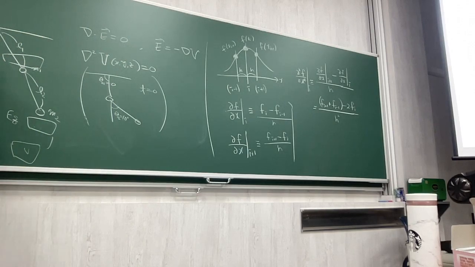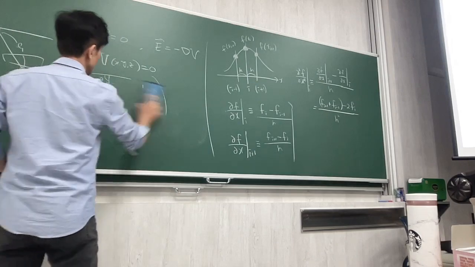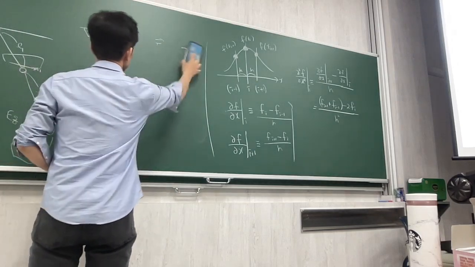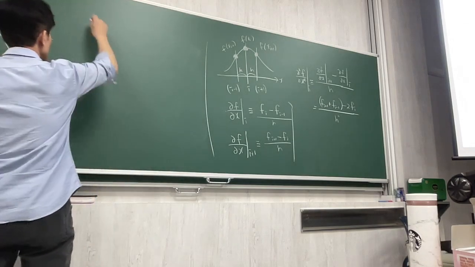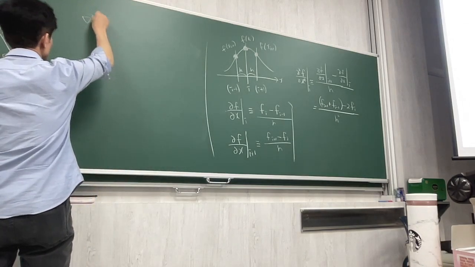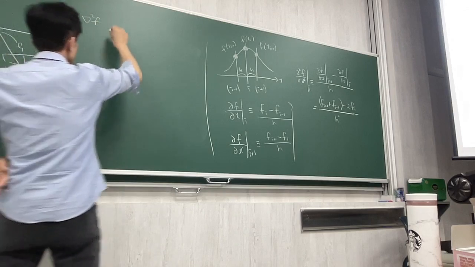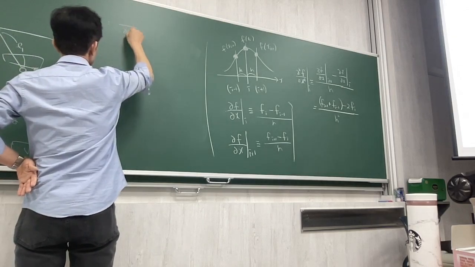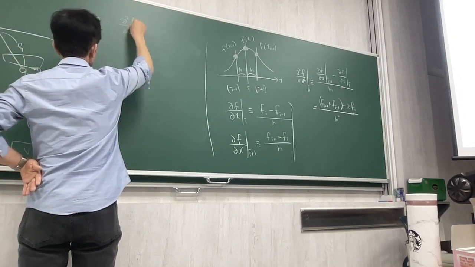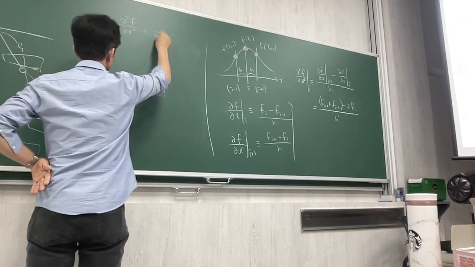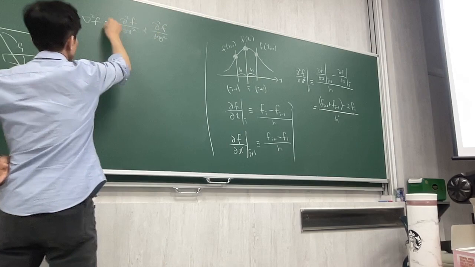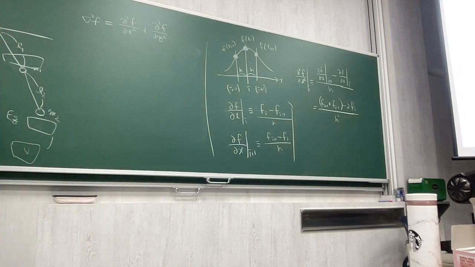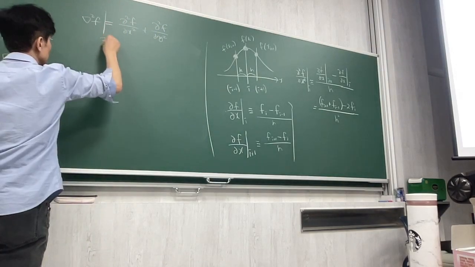So if we extend this to the two-dimensional case, del square f is just round x square round square f plus round y square round square f in two-dimensional space, in 2D.